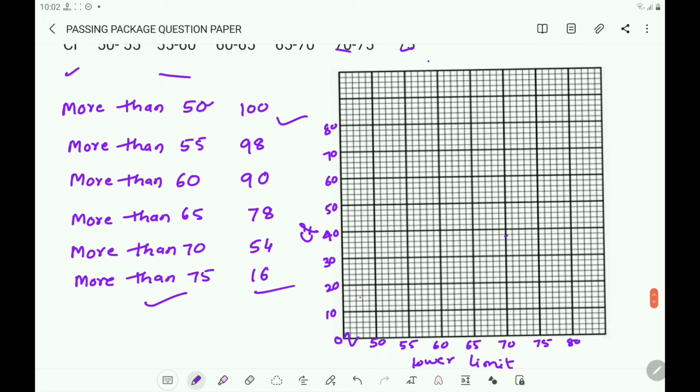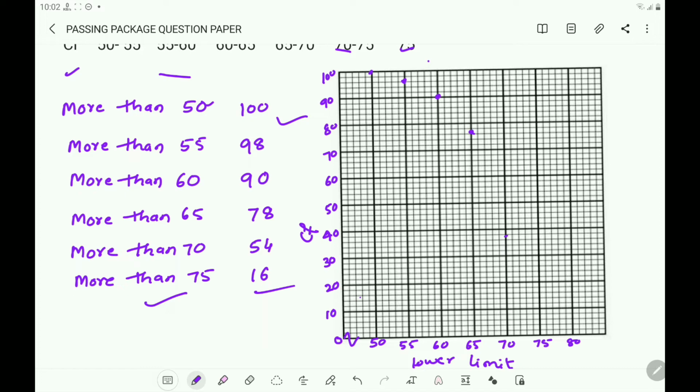Now mark the points here. First one is for 50, how much is that? Here you take 90, 100. For 50 it is 100. For 55, 98. 98 comes here. Then for 60, 90. 90 comes here. And for 65, 78. 78 comes here.